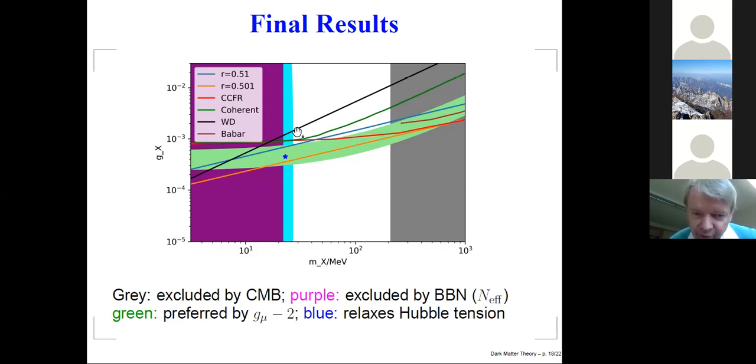And the black line is the white dwarf cooling. It's a little bit weaker than the others, but also not so far away. And over here then are these collider constraints. This is the one from BaBar, but again, it kicks in only for X boson masses above twice the muon mass.